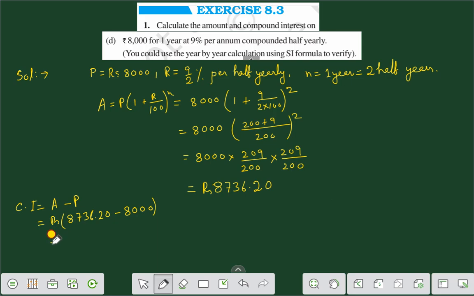Therefore, we are getting rupees 736.20 as the compound interest. This is the answer. And amount is rupees 8,736.20.